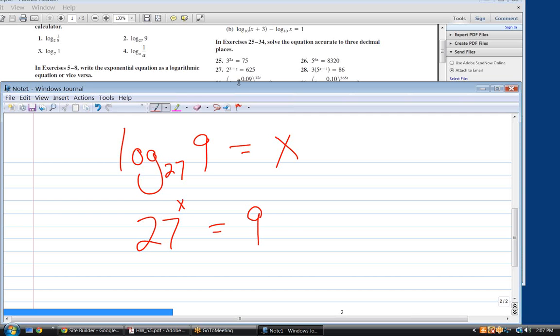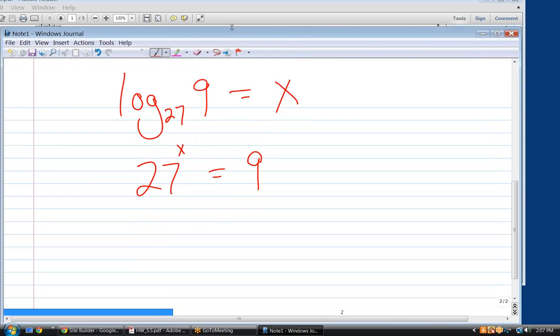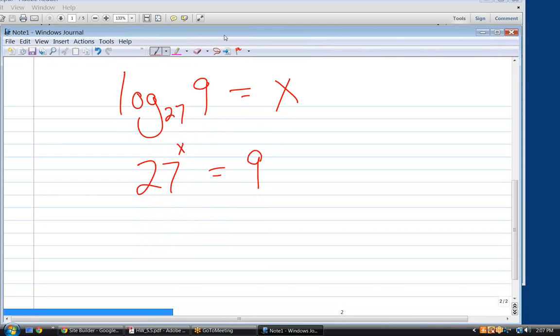However, this is very similar to problems you will get on the ACT and SAT. The solution is finding a common exponential base. What's the common exponential base between those two numbers? 2? Or 3. 3. Sorry, yeah.